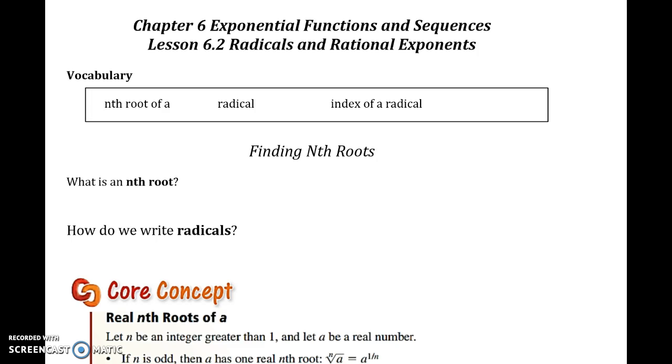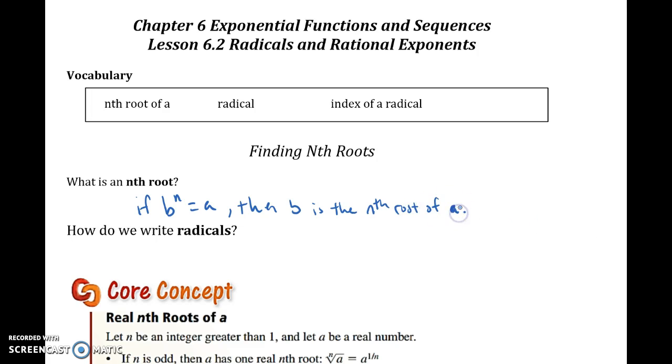A square root is just what number you multiply by itself twice. We can have an nth root, which is basically how many times you've multiplied a number by itself to get your final product. So for example, if b to the n power equals a, then b is the nth root of a.